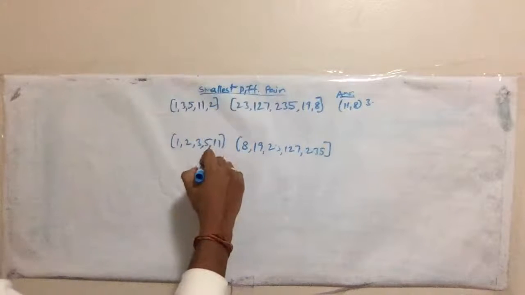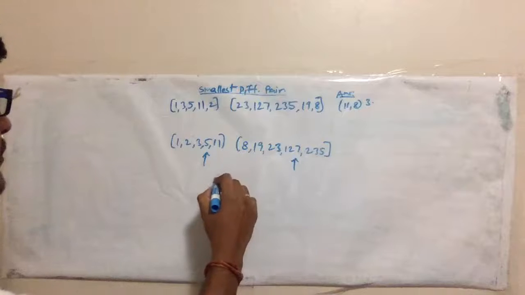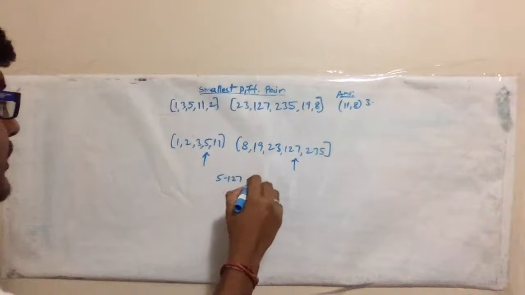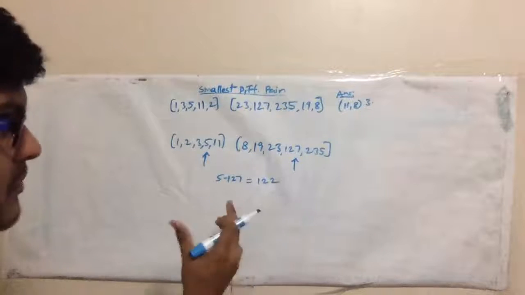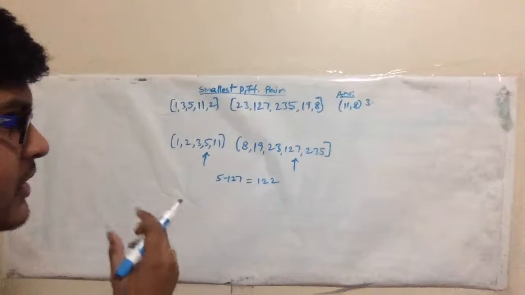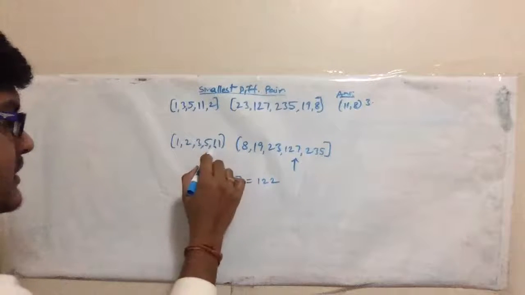Say we have taken these two elements, say for example 5 less than 127, so 127 minus 5 is 122. So can we make a smaller difference than this using the other elements?